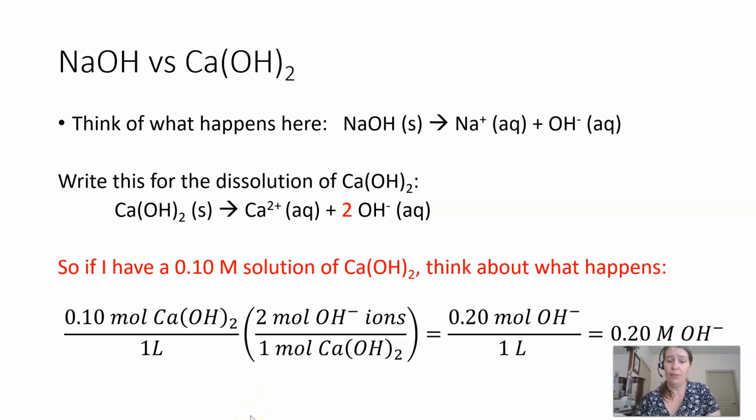So I find that my concentration of the OH minus, the hydroxide ion, is twice as big as my concentration of the entire thing. So if I have a 0.1 molar solution of calcium hydroxide, I get a 0.2 molar solution of hydroxide ions because 2 hydroxides are dissociated and pulled off of every molecule of calcium hydroxide.